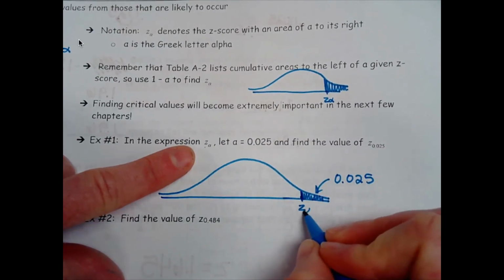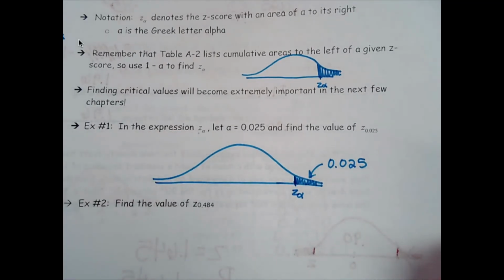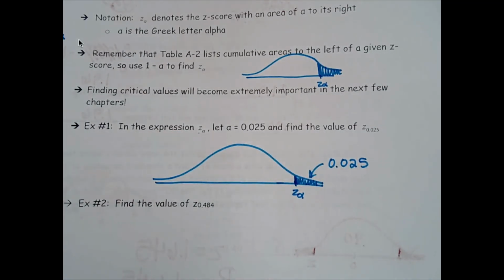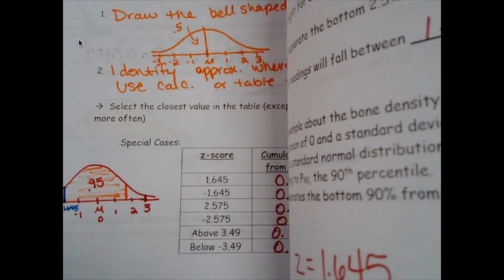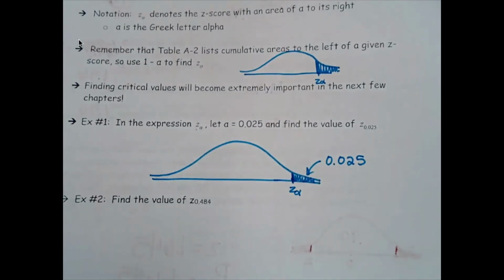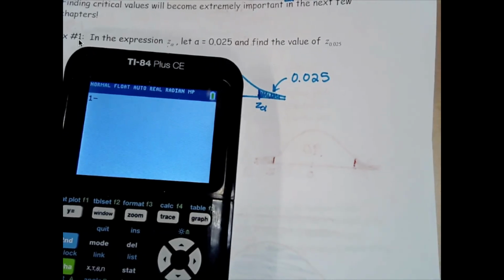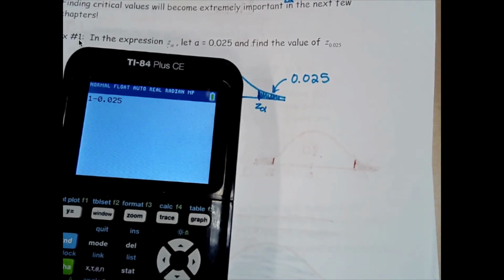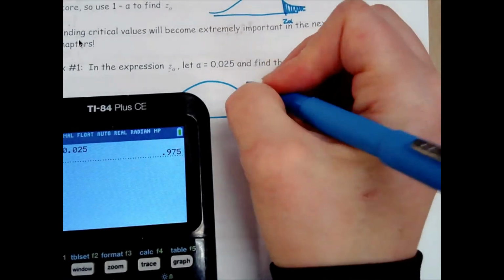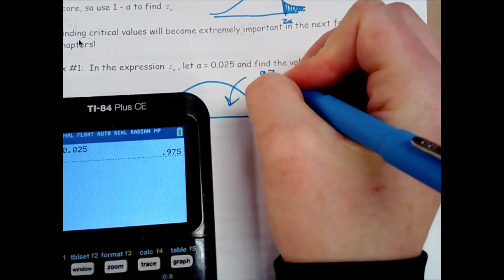So we want to know what Z alpha is. Is this in our common critical values? Oh no, let's look at the table. It's the area to the right, so we need to subtract, right? So let's do 1 minus 0.025. So this represents 0.975.